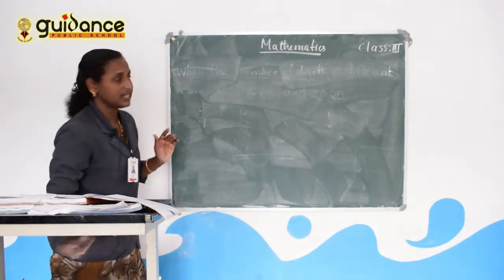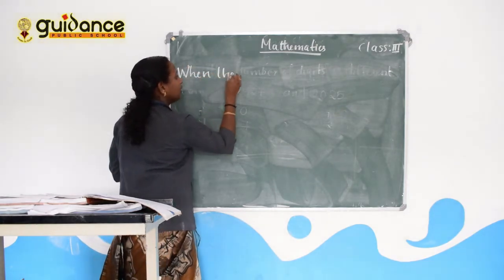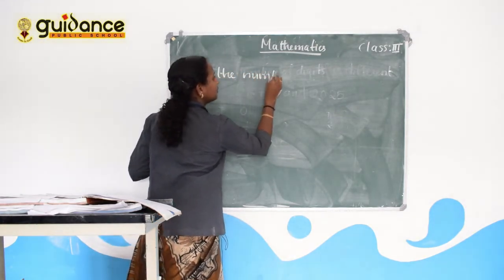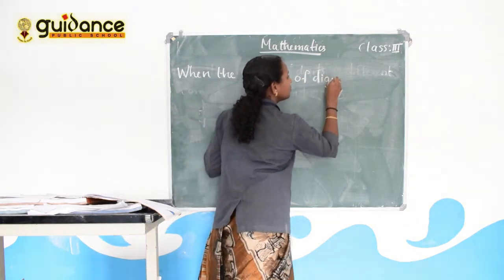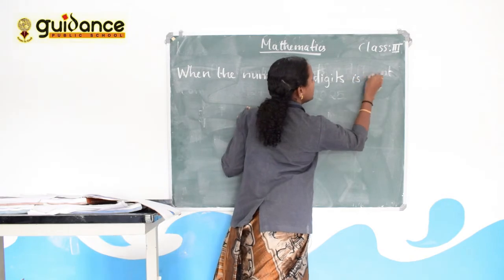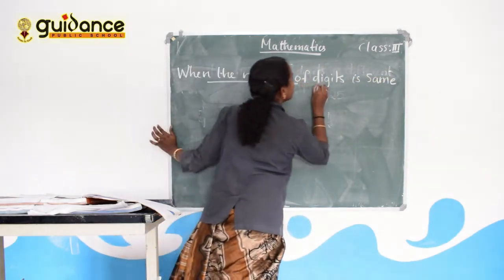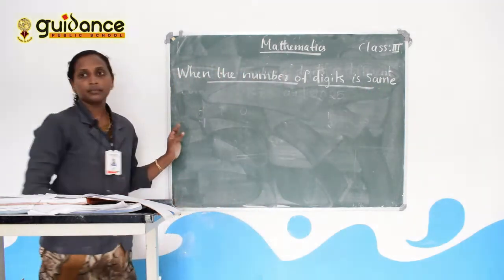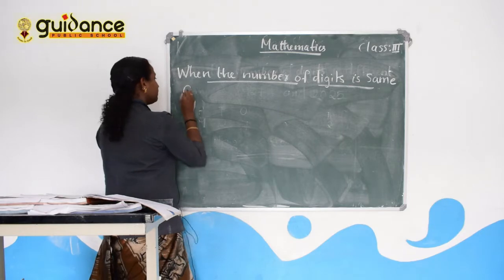Next we will go to the second case, when the number of digits is the same. So let's write one example.